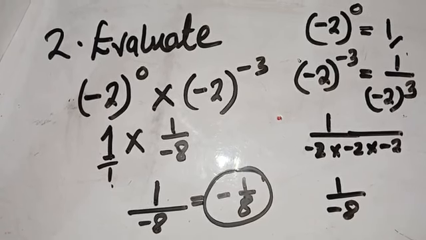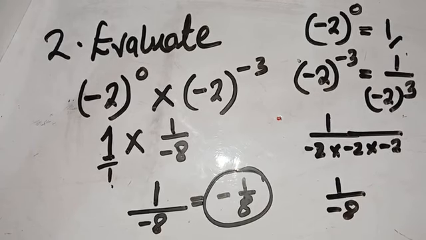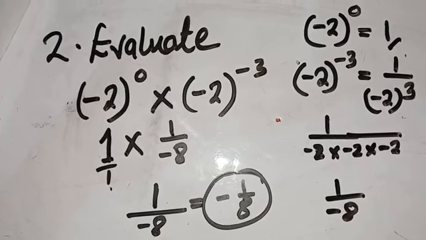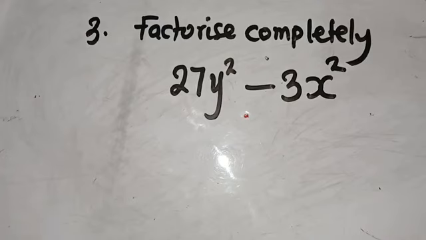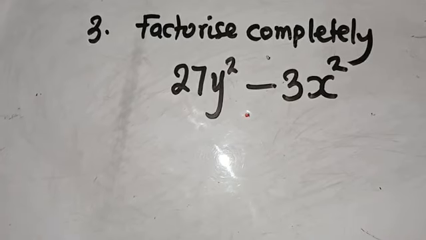Let me take you to the third question. Okay, so we have question 23 here. Ladies and gentlemen, how do we factorize? We're being requested to factorize this question. So you would see that the approach that we are going to take, first of all, we need to look at what type of method we are going to use here.